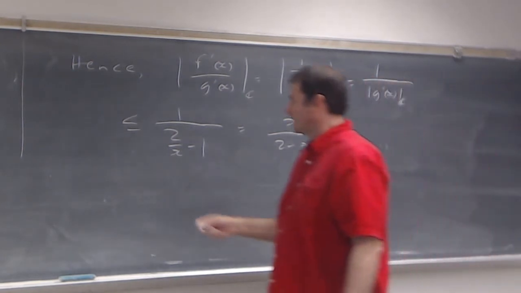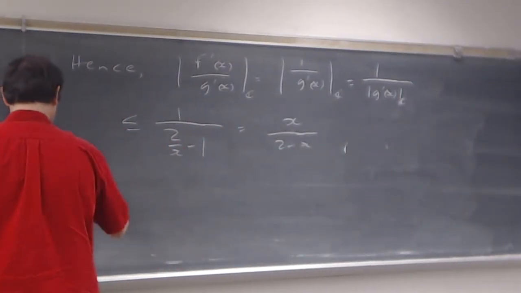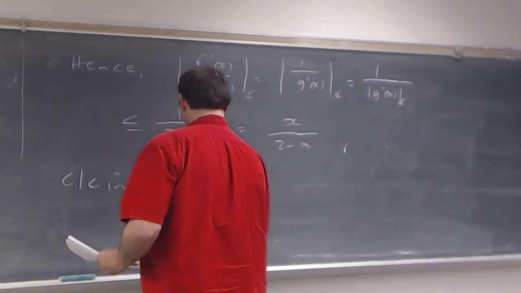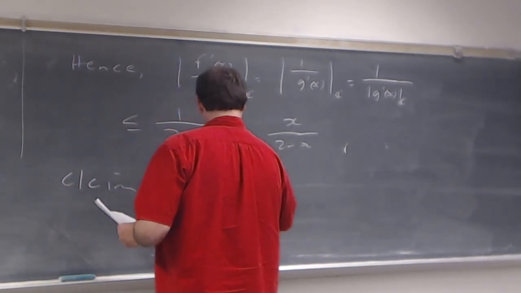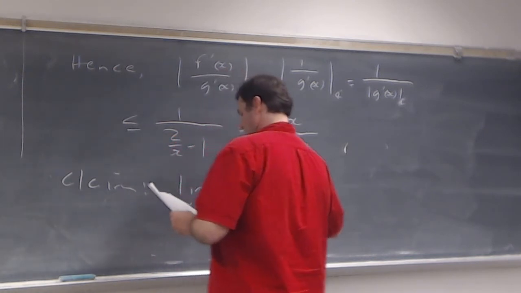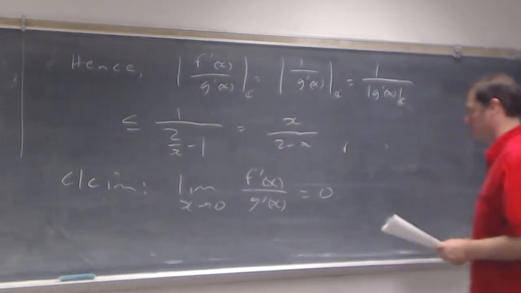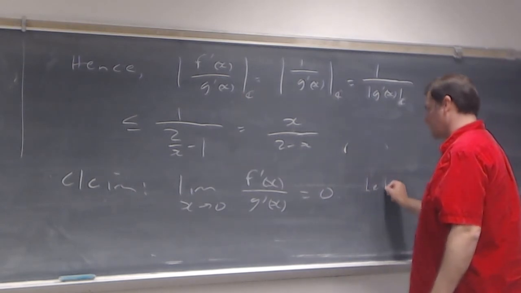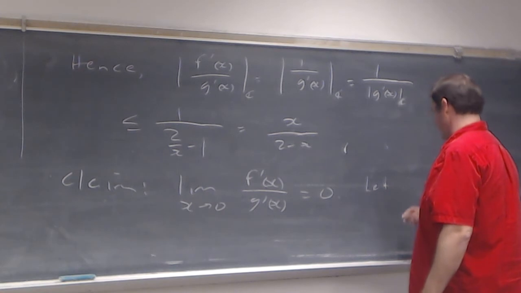Now, the next claim that I will make is that the limit as x goes to 0 of f prime of x over g prime of x is equal to 0. So, we'll prove this using the definition of a limit of functions.